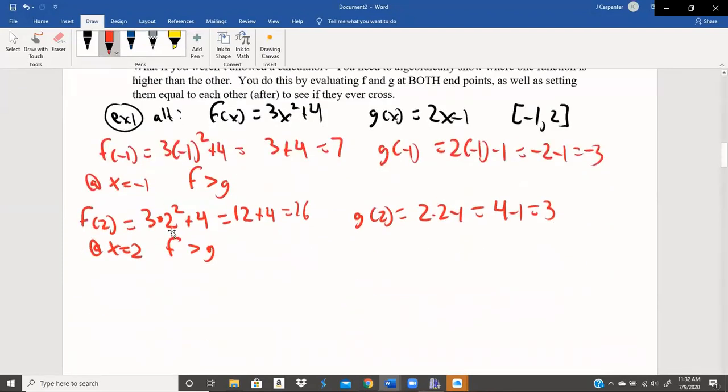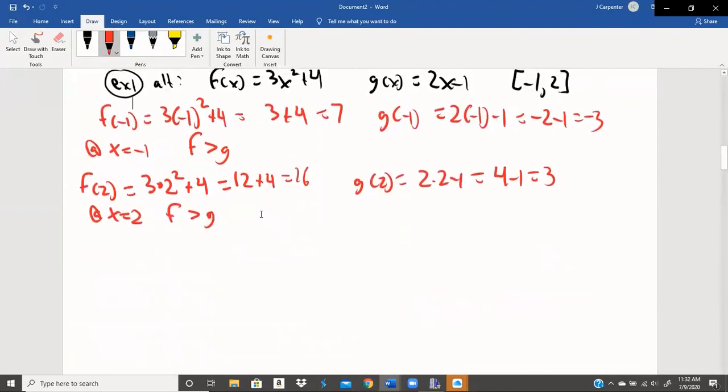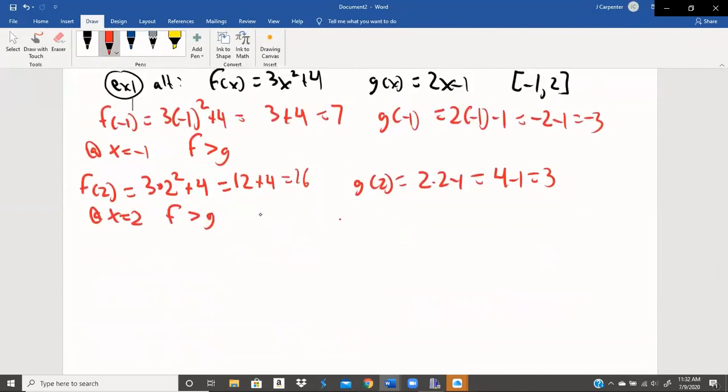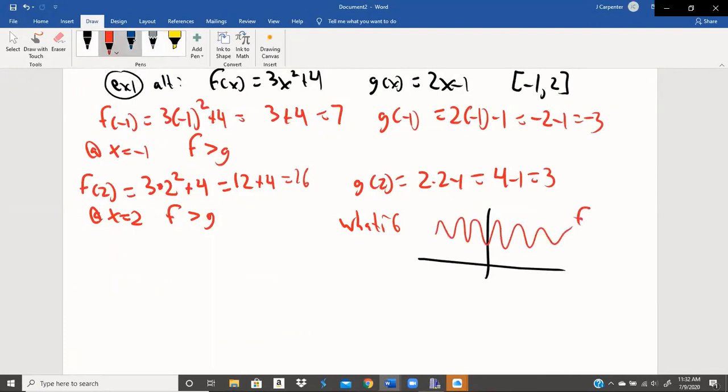And what you might think is, as long as it's higher on the ends, then it's always higher. But what if our f function does this, and our g function does this, and we're going between here and here?